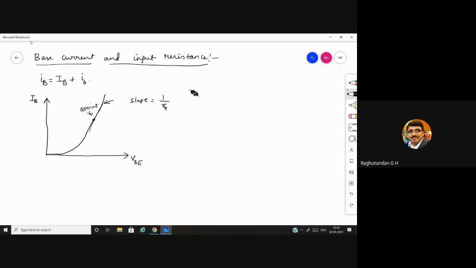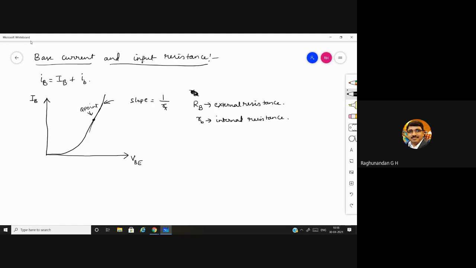But when it comes to the resistance, which is a constant value, please remember, if you write it like this, it is the external resistance. If you write it like this, it is the internal resistance.